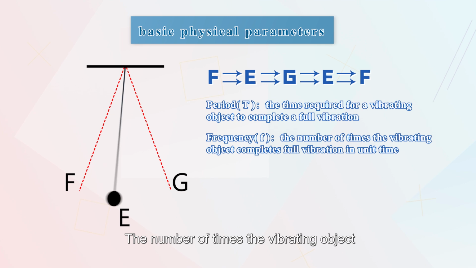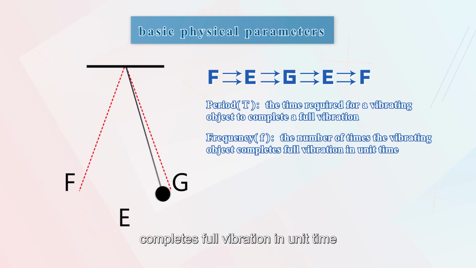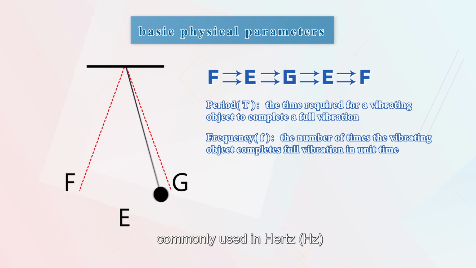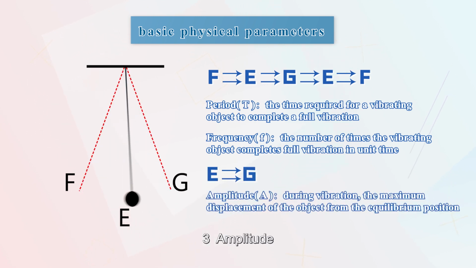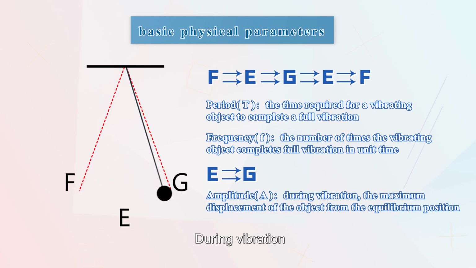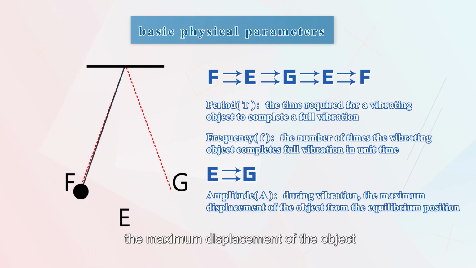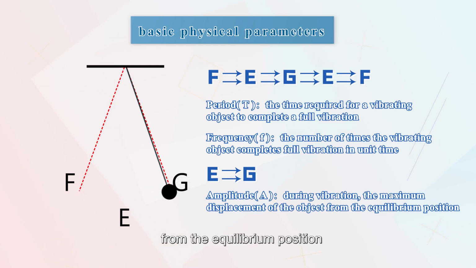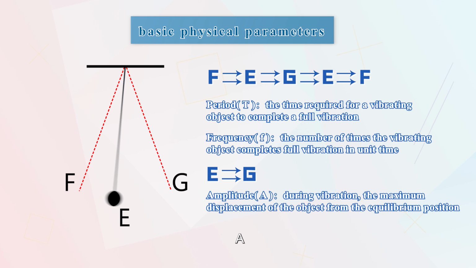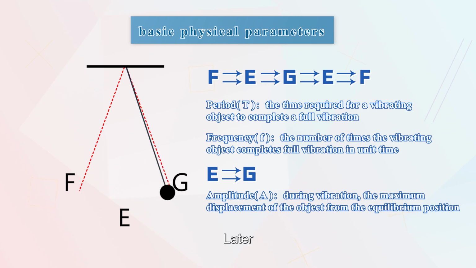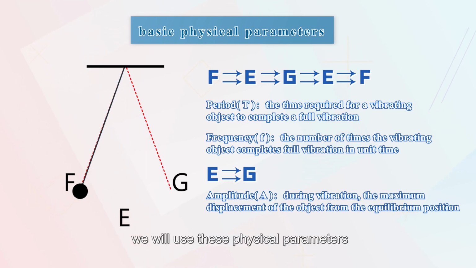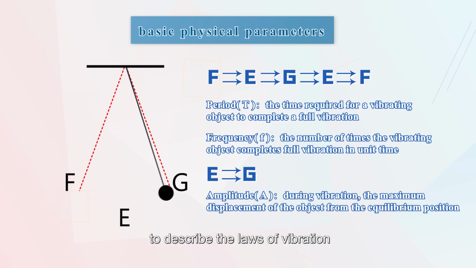The number of times the vibrating object completes a full vibration in unit time, commonly used in Hertz. 3. Amplitude A. During vibration, the maximum displacement of the object from the equilibrium position, commonly used in millimeters. Later, we will use these physical parameters to describe the laws of vibration.